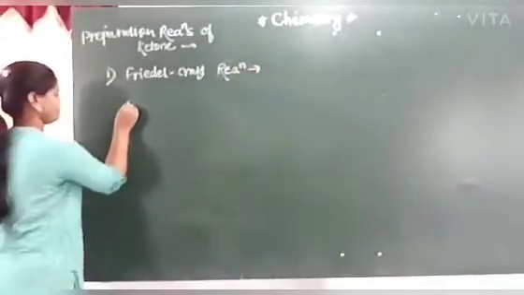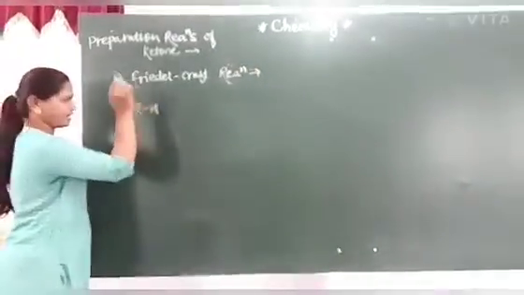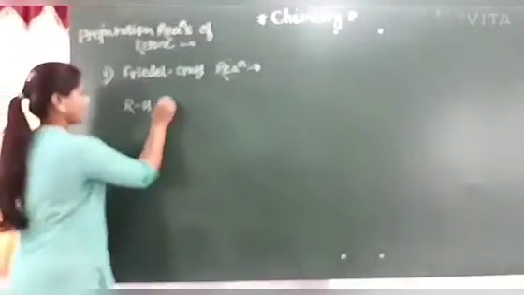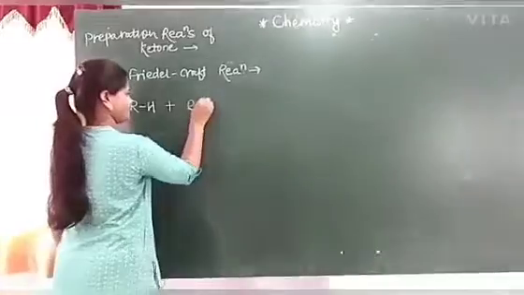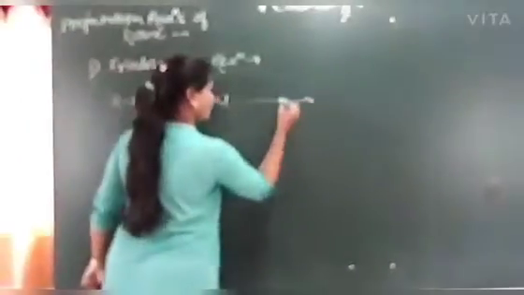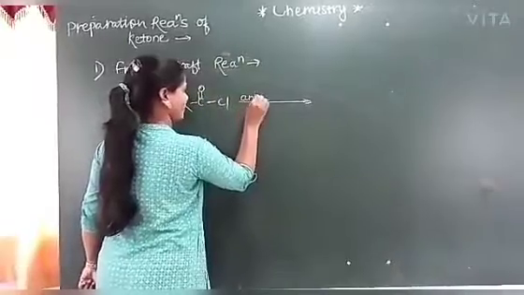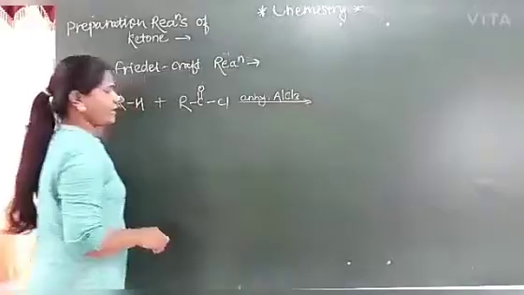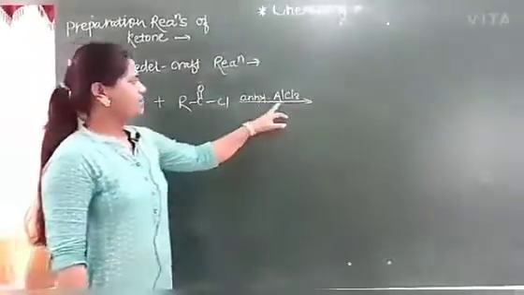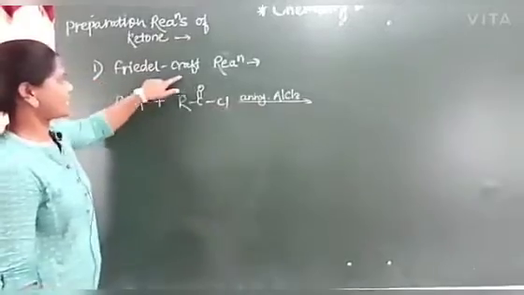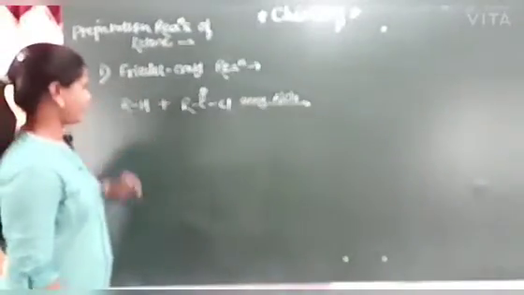When alkane, you can take any example of alkane, I have written here in general, it reacts with the acyl chloride or acid chloride in presence of anhydrous aluminum chloride. Remember everyone, whenever anhydrous aluminum chloride is given, then you should remember that this reaction is Friedel-Crafts reaction.